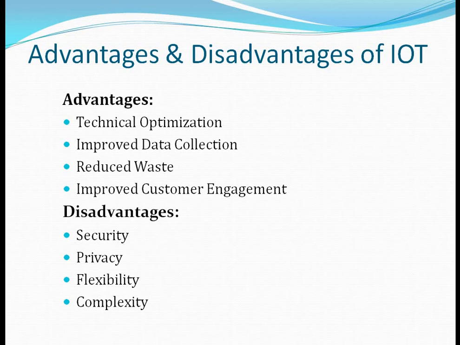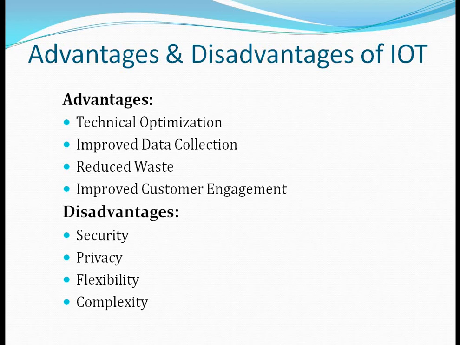Some hacking is happening in the world right now, and for that we have to provide security for that large amount of data. In providing that security, we are facing some difficulties. That is one disadvantage. And second one, privacy. We are finding difficulty in providing privacy for IoT data.